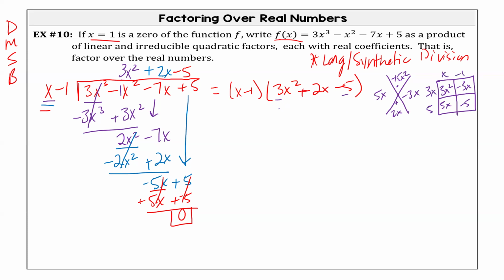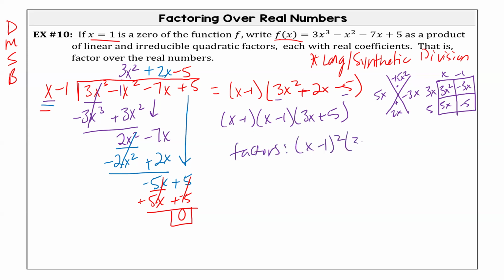So this factors out to become x minus 1 times x minus 1 times 3x plus 5. Okay, so this would be your fully factored form, and it can be simplified to x minus 1 squared times 3x plus 5.